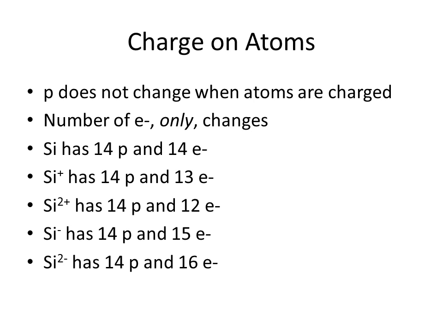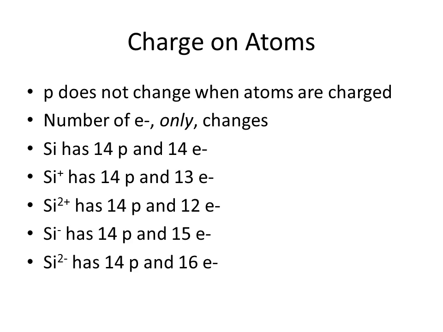Let's look at some examples of some ions here. If I look at silicon, silicon has 14 protons and 14 electrons when it's neutral. If I take away an electron, you can see 1 electron has been removed. Well, then silicon has a 1 positive charge.